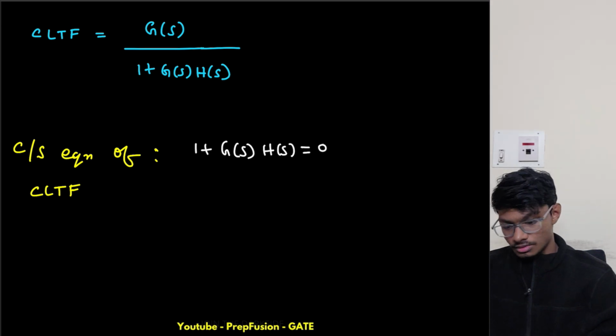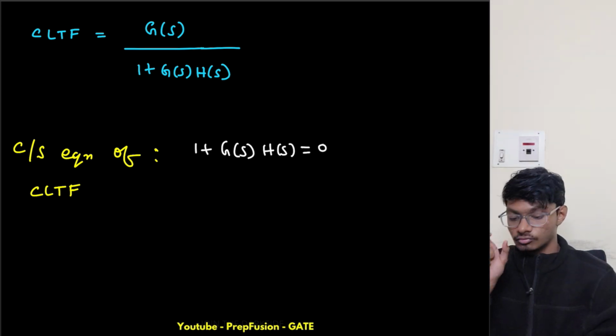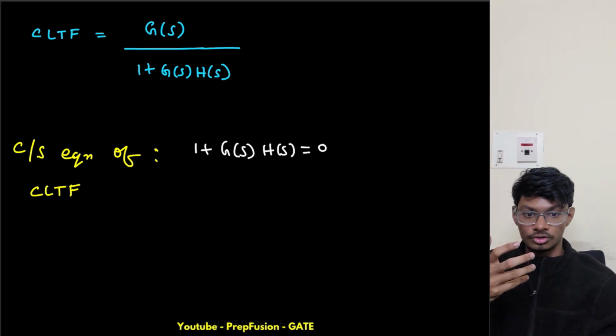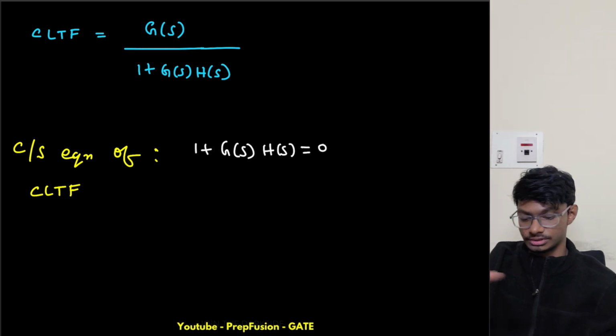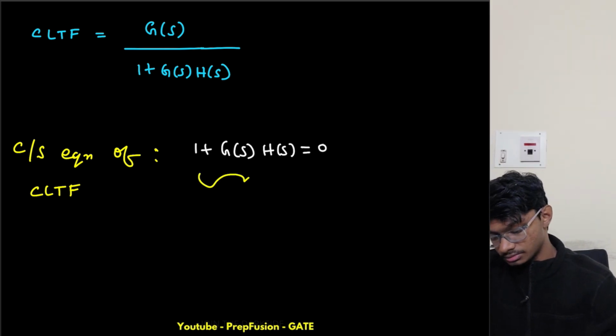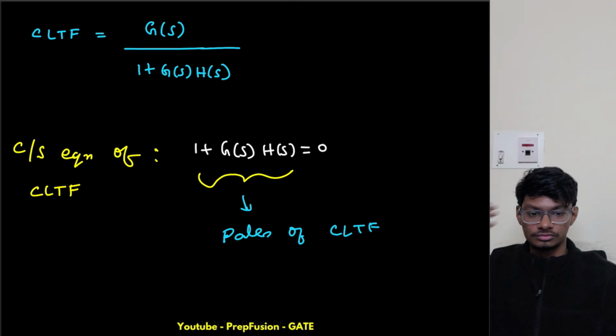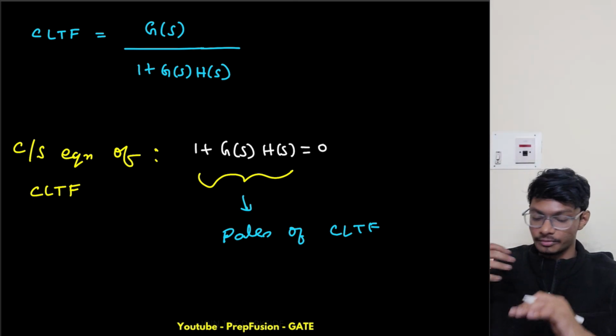If I equate this with 0, this will give me the closed loop poles, that is basically the roots of the characteristic polynomial, right? So this will give me the poles of CLTF. That we already know, just writing it down for better understanding.